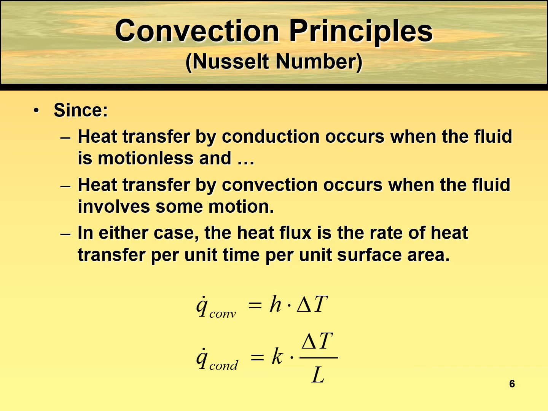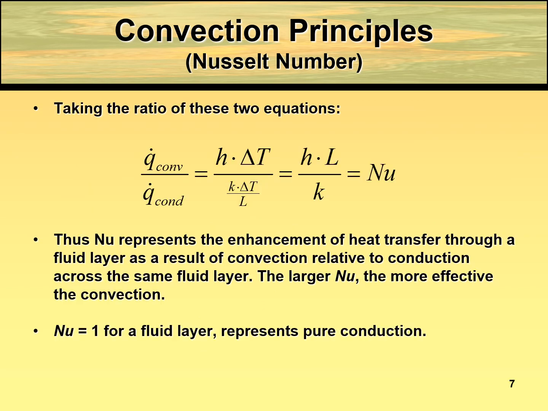In either case, the heat flux is the rate of heat transfer per unit time per unit surface area. So taking the ratio between heat convection and heat conduction, h times delta T, and then k times delta T over L, we get hL divided by k, and this is represented by the Nusselt number.